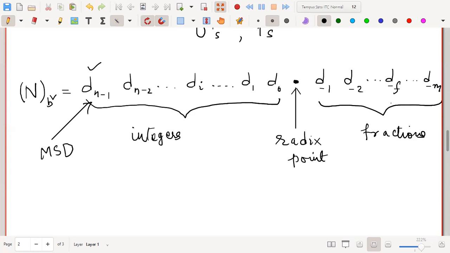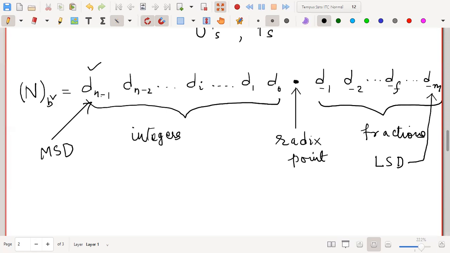And the rightmost side, that is d_-m, is known as the LSD, the least significant digit. And here, what are these m and n?